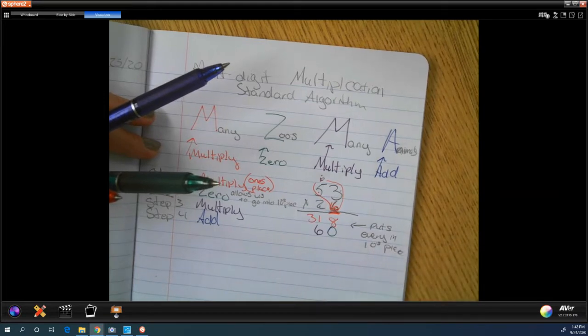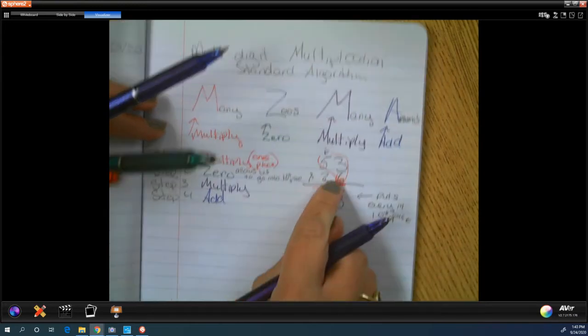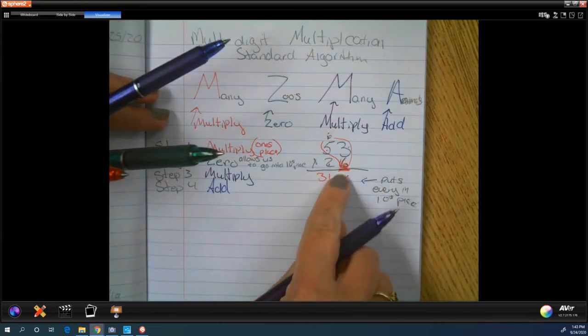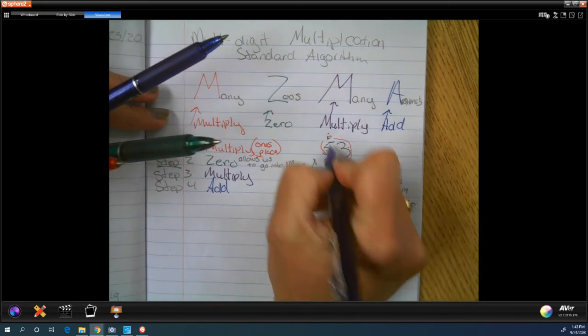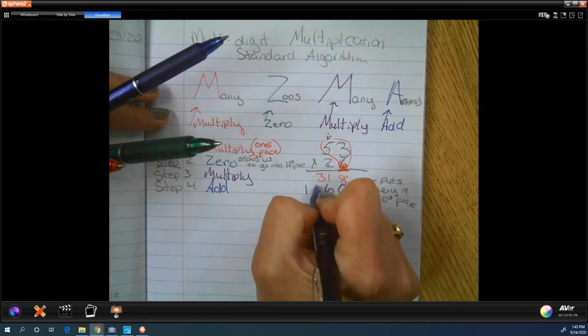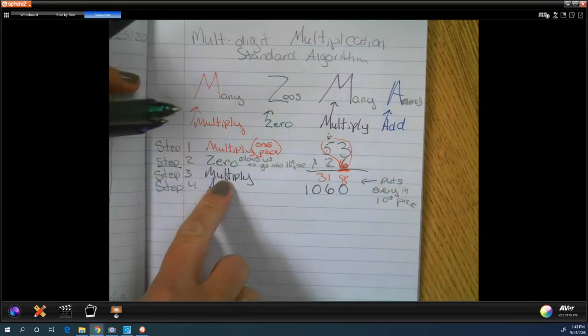It's just like when we're multiplying and we have to add that 0. We're putting them in the tens place. So we've got 53 times, I did 2 times 3 is 6, and now I have 2 times 5 is 10. Okay, so that was my step 3.